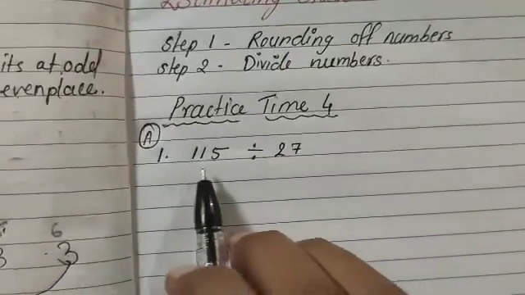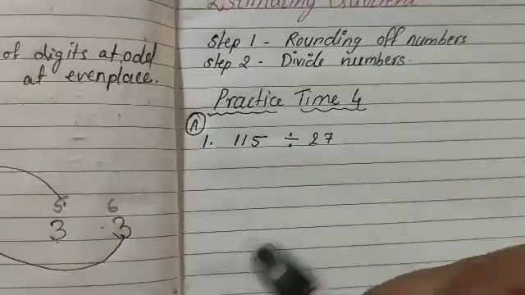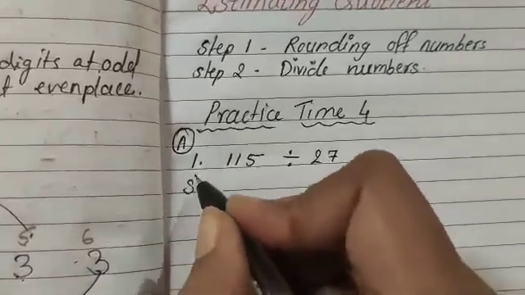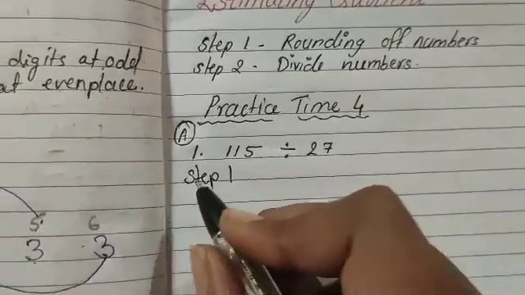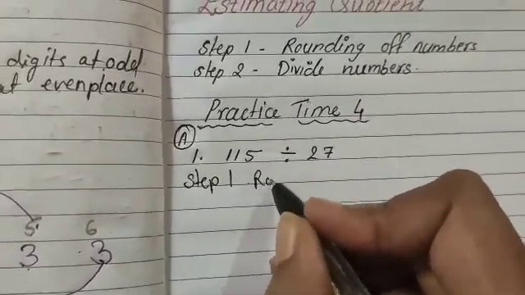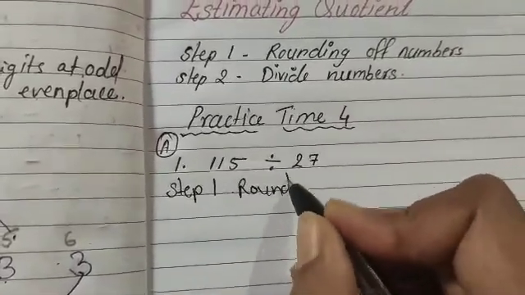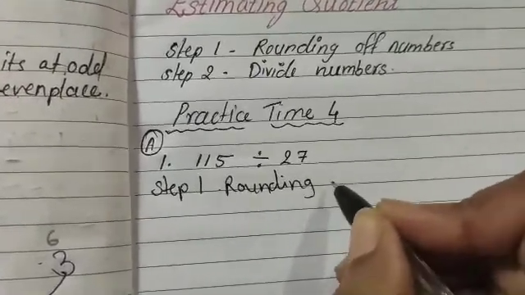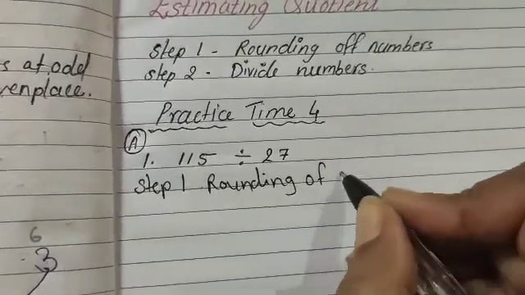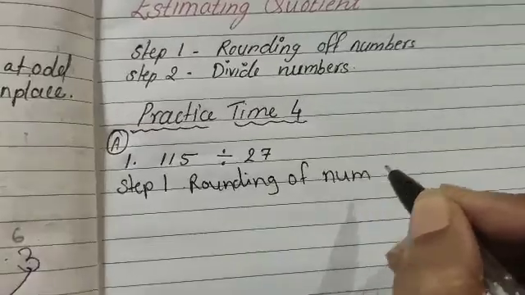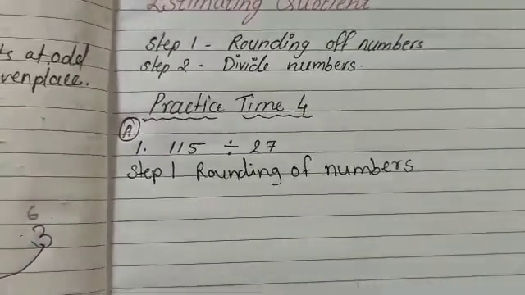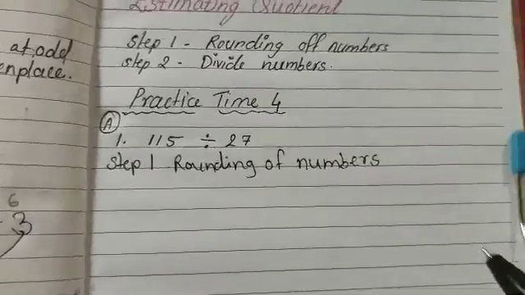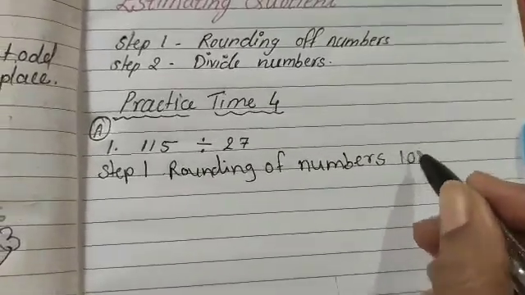Now student, we have to follow step 1. Step 1 is rounding off numbers. Rounding off numbers to the nearest tens.